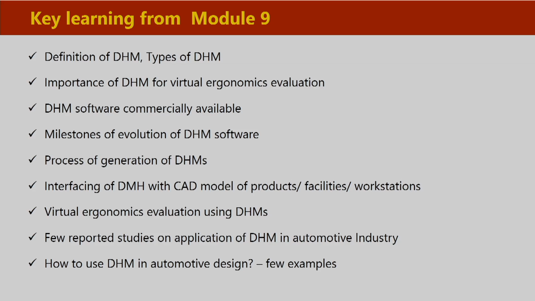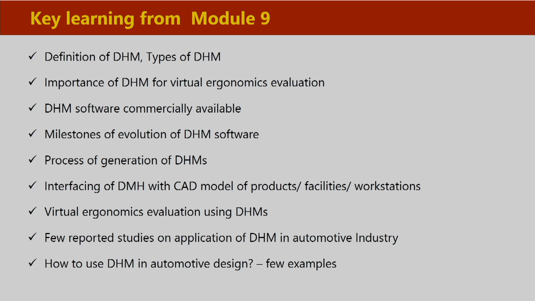Now, after discussing all these things, we are coming to the conclusion: what are the key learnings from this module 9. In this module we have discussed the definition of digital human model and various types of digital human model, particularly the physical digital human model, where we mentioned 2-dimensional and 3-dimensional representation mannequins as well as biomechanical mannequins. Then the importance of digital human model in virtual ergonomic evaluation, why we are using digital human models.